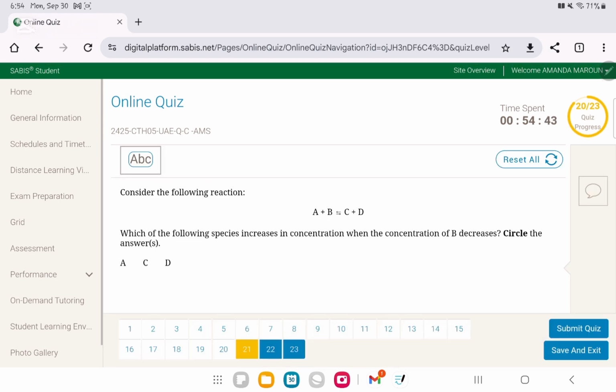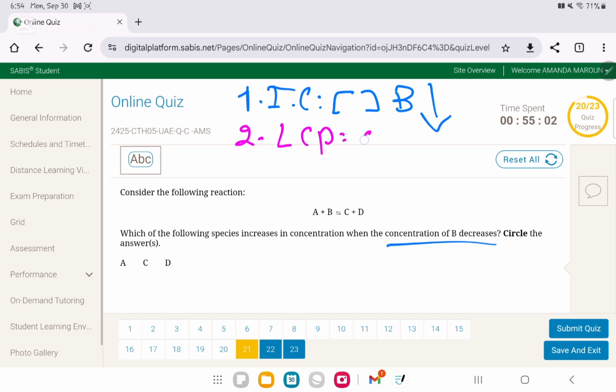Question number 21. Another important example. First, write the imposed change. They said, which of the following increases when the concentration of B decreases? We said the concentration of B will decrease. This is our imposed change. Second thing, Le Chatelier's principle: a counteraction will occur.